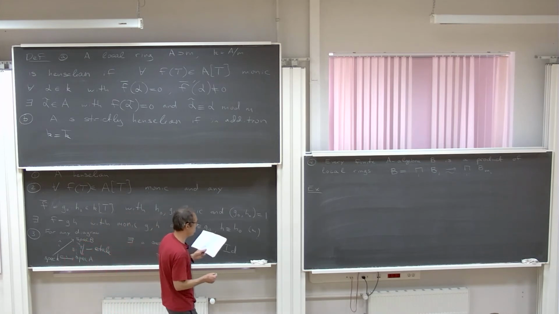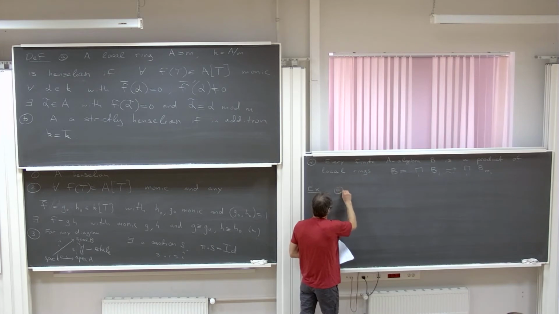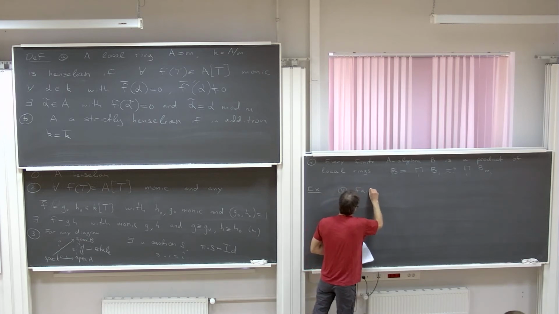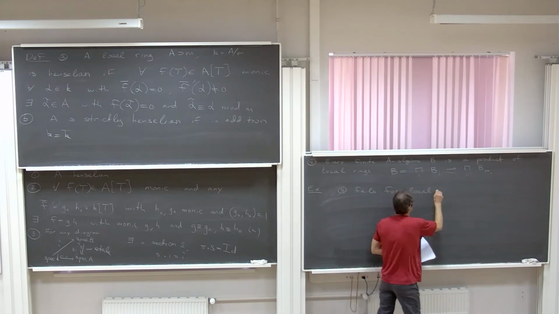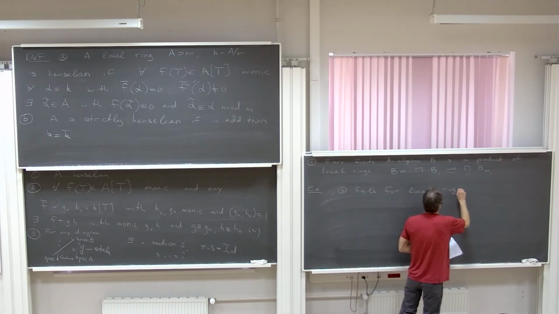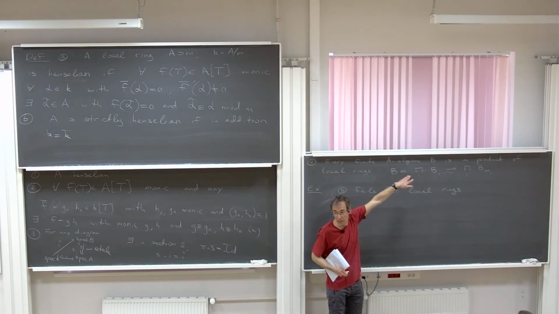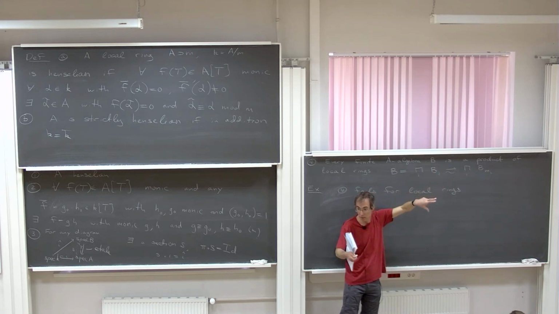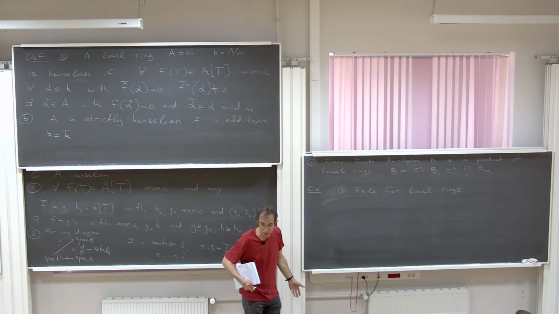So let's first see that 4 fails for local rings. That is, an algebra which is finite over a local ring need not be equal to a product of local algebras.